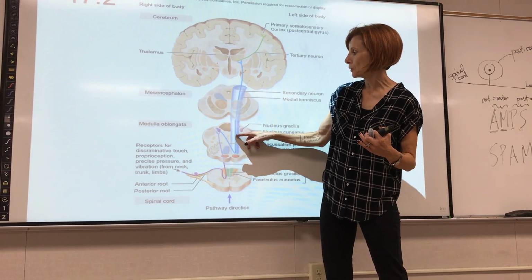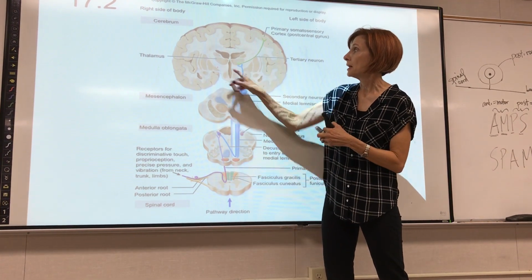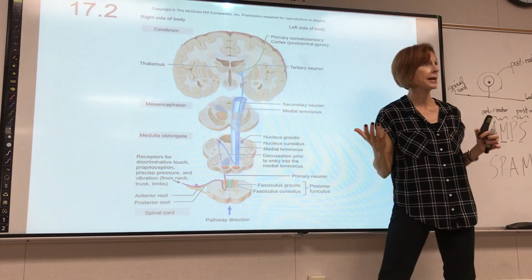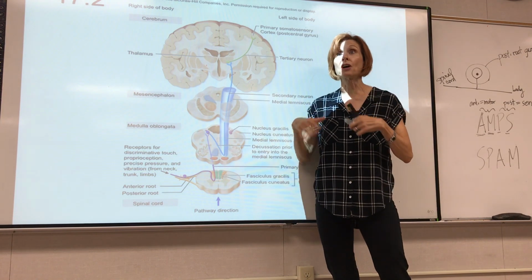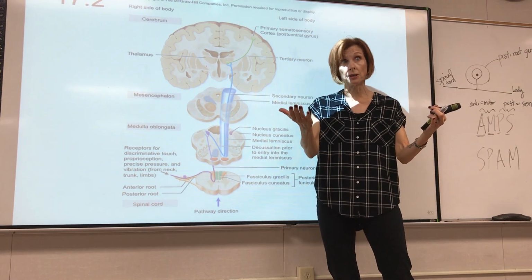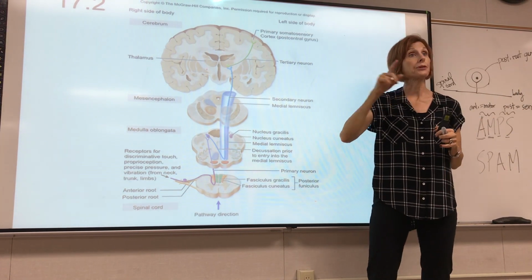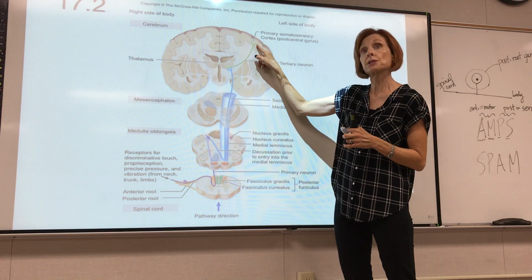There's a neuron that's going to go up through the brainstem, and now notice where that neuron is going. This is the thalamus. Does that make sense that the sensory information is going to the thalamus? Yes, it does, because remember, the thalamus receives all sensory information except for smell, sorts it out, and then sends it up to the cortex. So now we have a third neuron going from the thalamus to the primary somatosensory cortex.